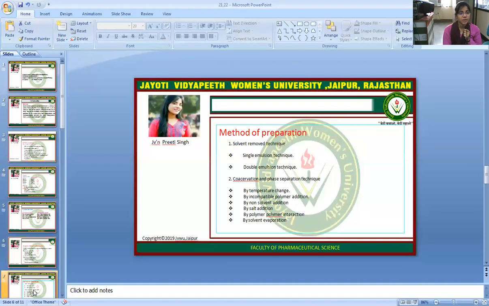The methods of preparation: first is the solvent removal technique, single emulsion technique and double emulsion technique. Coacervation and phase separation technique is by temperature change, by incompatible polymer addition, by non-solvent addition, by solvent addition, by polymer-polymer interaction, and by solvent evaporation.